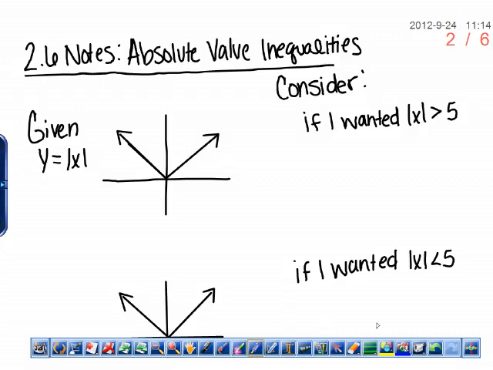What line might I plot on my absolute value graph? A horizontal line at what y value? 5. So let's just kind of eyeball that. And I'm going to plot this horizontal line. I'm going to call this y equals 5.